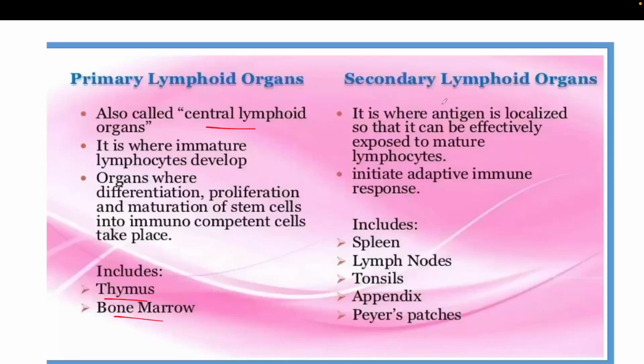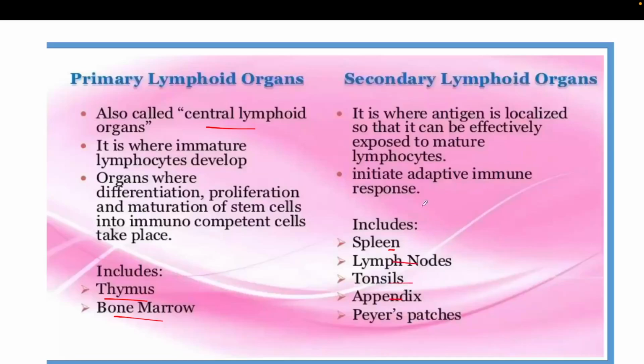Whereas in the secondary lymphoid organ, the mature lymphocyte will encounter the antigen, and based on the antigen encounter, it will differentiate or proliferate for mass production. It is part of the adaptive immune system, and includes the spleen, lymph nodes, tonsils, appendix, and Peyer's patches.